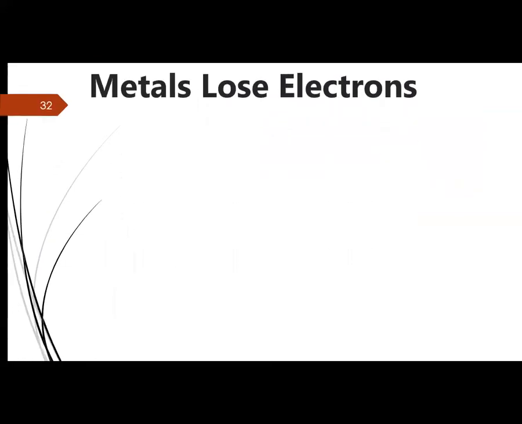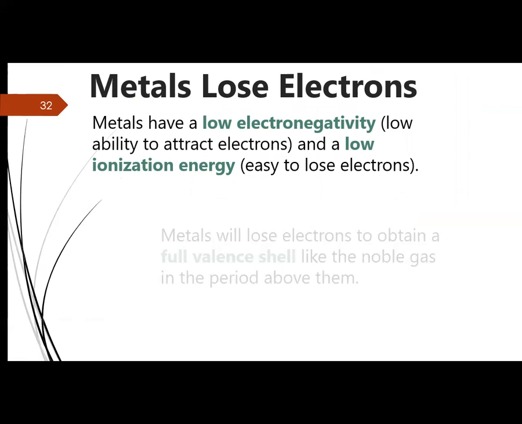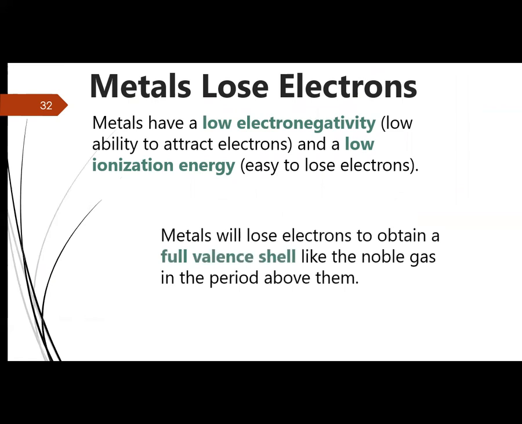The reason why is that metals lose electrons. Metals have what we call low electronegativity. That's their ability to attract electrons. With their low electronegativity, they don't attract many electrons, and they have a low ionization energy, their ability to lose electrons, which makes it easy for them to go from being a normal element to losing electrons and now becoming a cation.